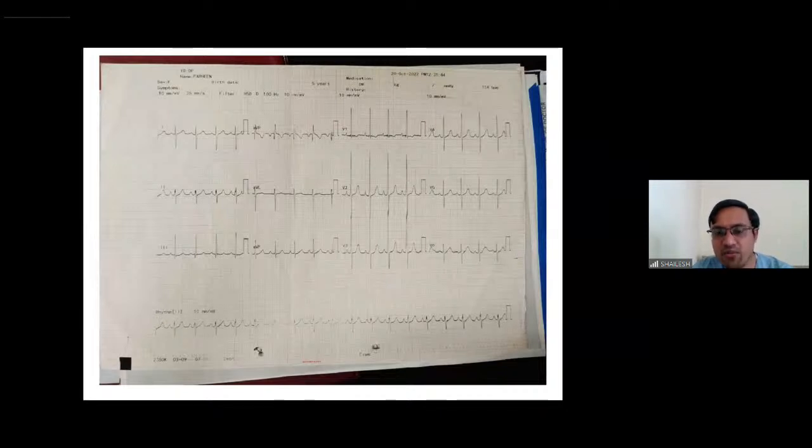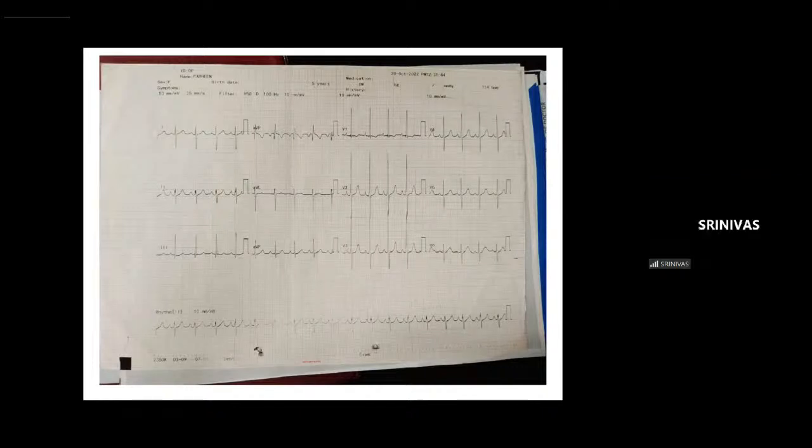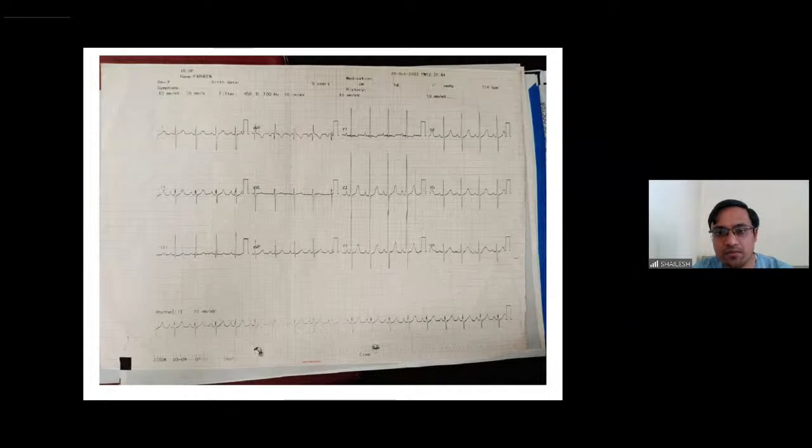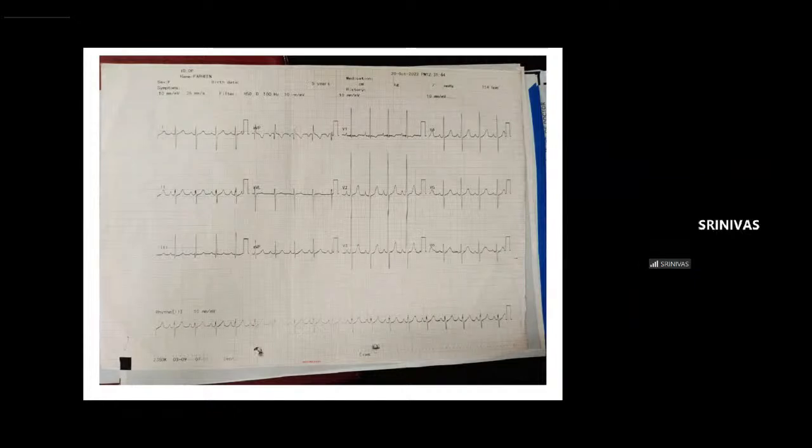And mostly the transition will be delayed, sir, at V3 or V4, sir, not at V2. Broad QRS in L1 and aVL with slurring of the S wave, and slurring of the upstroke of the R wave in inferior leads. This is also an important ECG feature. And then prolongation of the PR interval as you have.